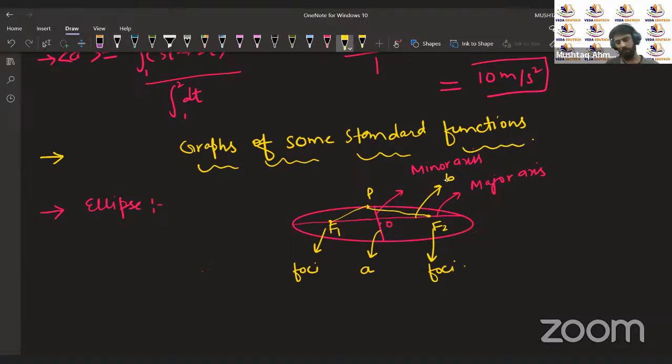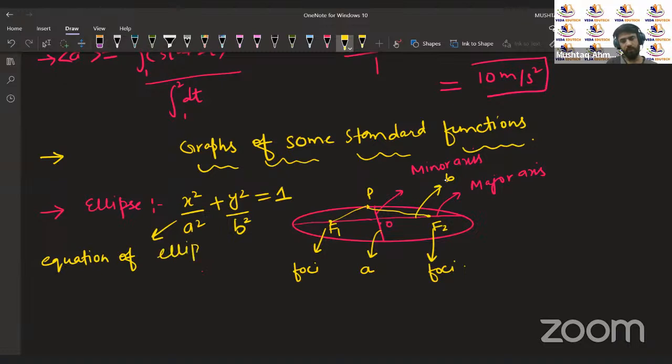And the equation of this ellipse is given as x square upon A square plus y square upon B square equals 1. This is the standard equation of an ellipse which is centered at origin. The equation of ellipse with center at origin.